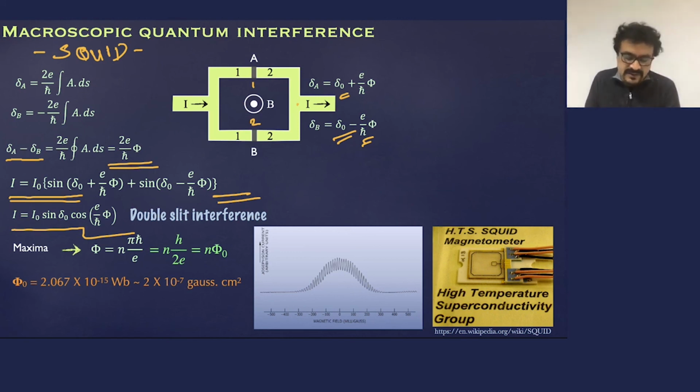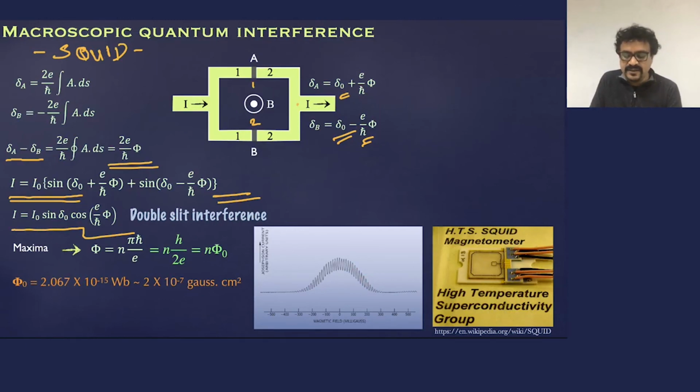If you plot this, you get a profile which looks something like this, with very fast oscillation, and the periodicity of this fast oscillation is given by h by 2e.